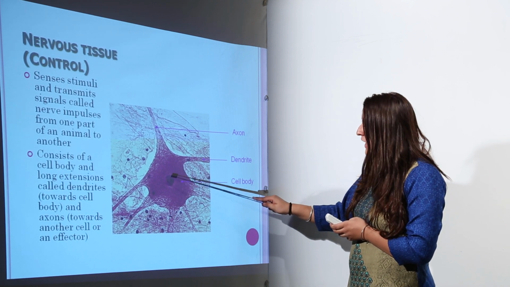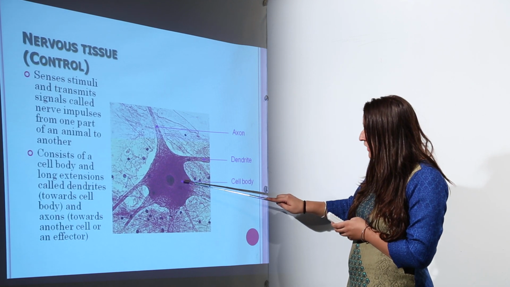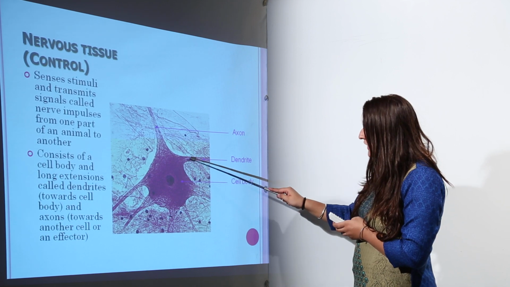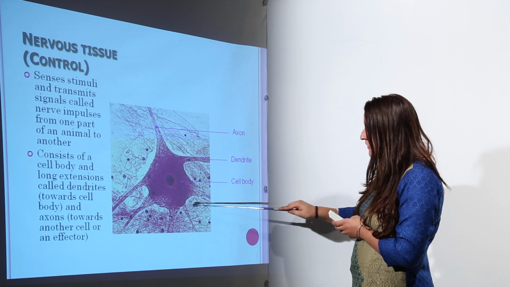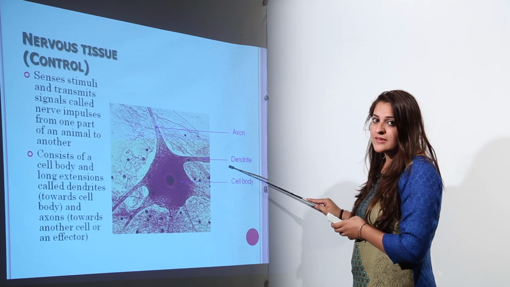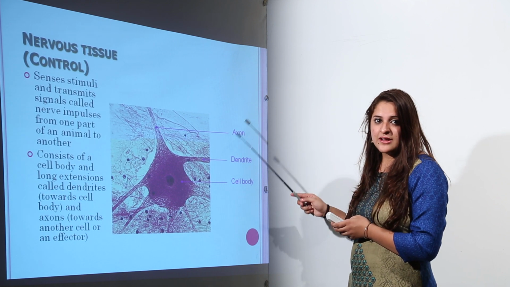This is the nucleus, and the fluid-like structure is the neuroplasm. Inside the neuroplasm you have some granules which we call Nissl granules. Then there are some projections which arise from the cell body, and we call these projections dendrites. These dendrites are involved in collecting and transmitting the electrical signals.